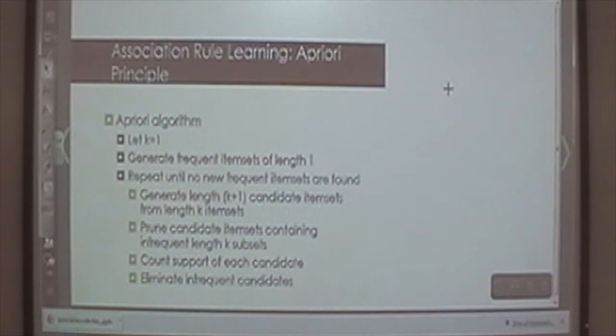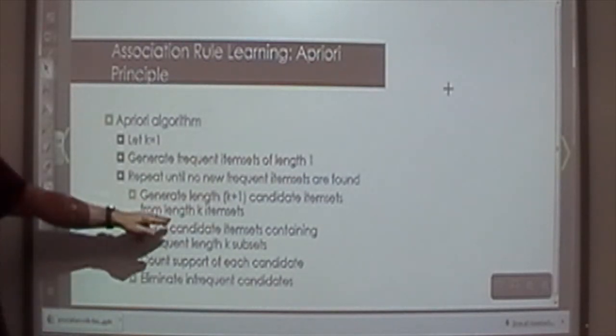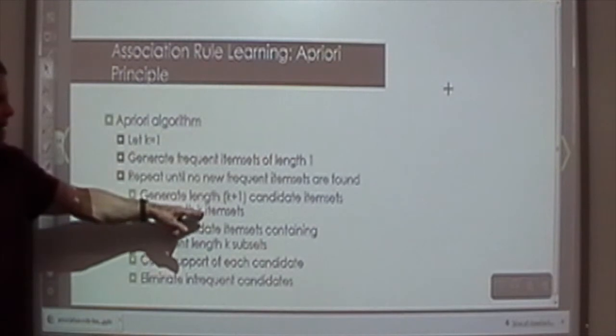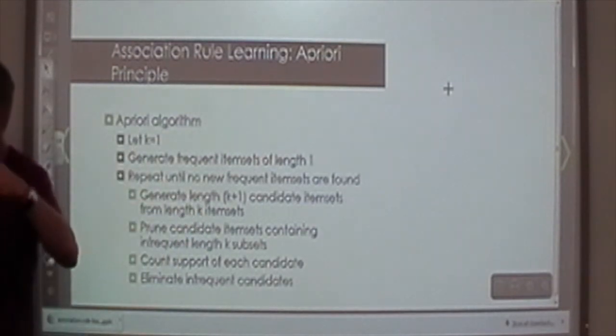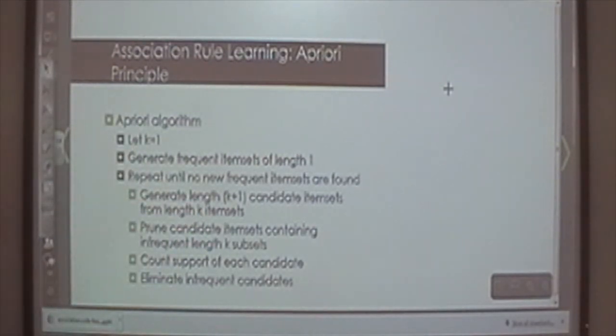Now we repeat until we can find no new frequent item sets. From our length k item sets, we look at candidate k plus 1, the next larger size, kind of like what we did here.